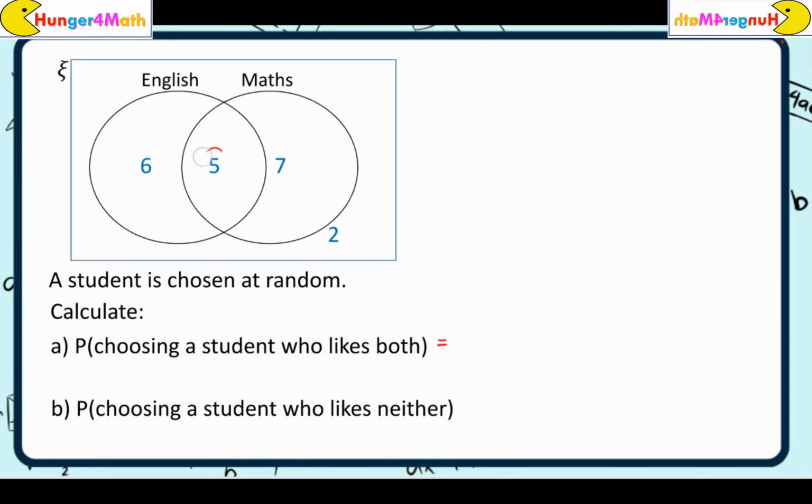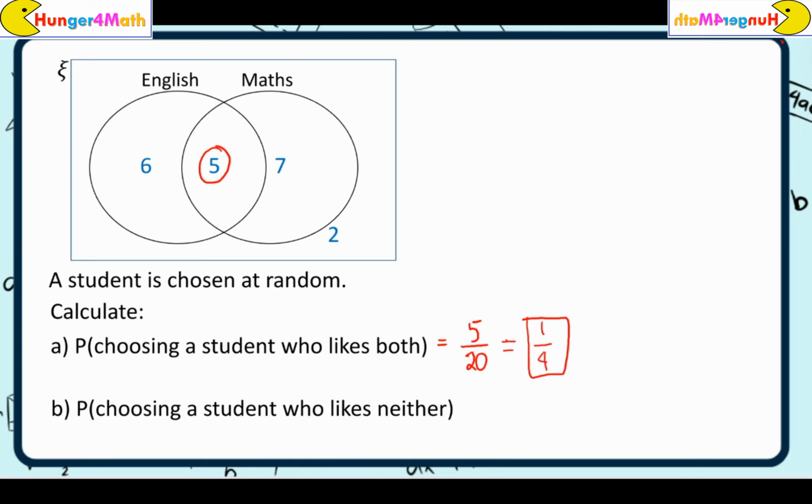There is a total of 5. That will be 5 over the total number of students, that is 20. Now we can still simplify this. That is equal to 1 over 4. So the probability of choosing a student who likes both is 1 over 4.